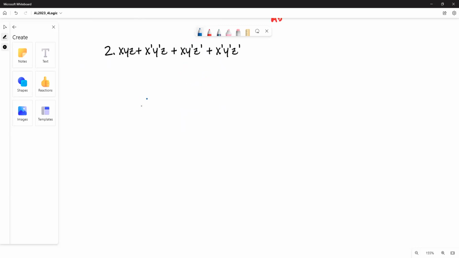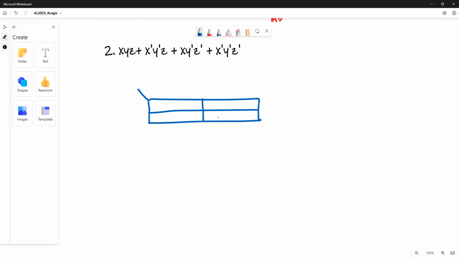So one side I'm going to have X, and the other side we are going to have YZ. So that means for X side we have 2 rows, and then we have 4 columns like this, right? So one side we have X, the other side we have YZ.